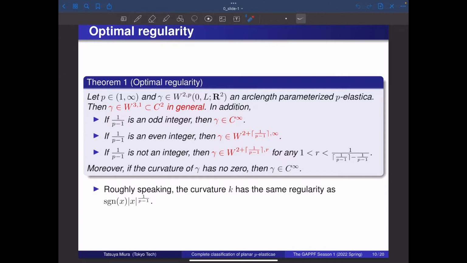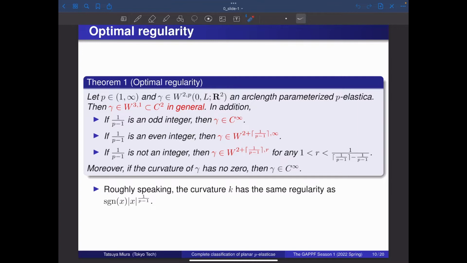Okay. And more precisely, the important quantity is 1 over p minus 1, in fact. And the first one is, if this 1 over p minus 1 is an odd integer, then the curve is actually smooth. So we can differentiate it infinitely many times.